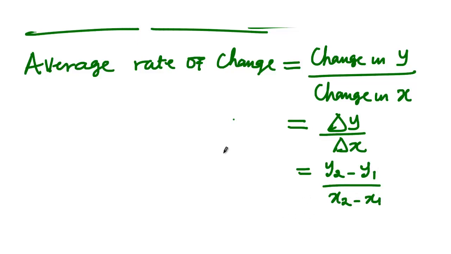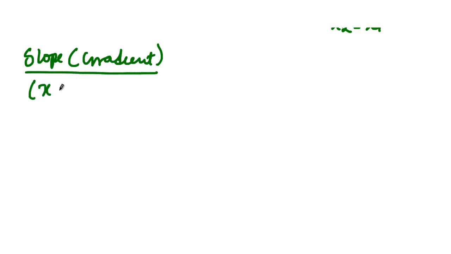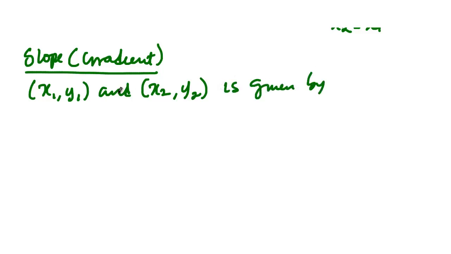Now this is what will lead us to what I call slope, also known as gradient. Now when we're talking about slope, or gradient, the slope of a line through point x1, y1, and x2, y2 is given by m, which is equal to change in y over change in x.